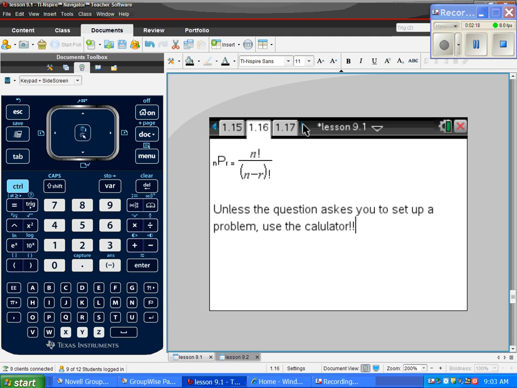The way we do it, we plug it into this formula, n factorial over n minus r factorial. You guys remember factorials? What is a factorial?